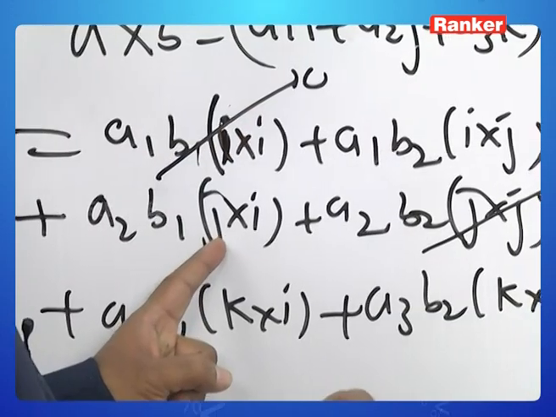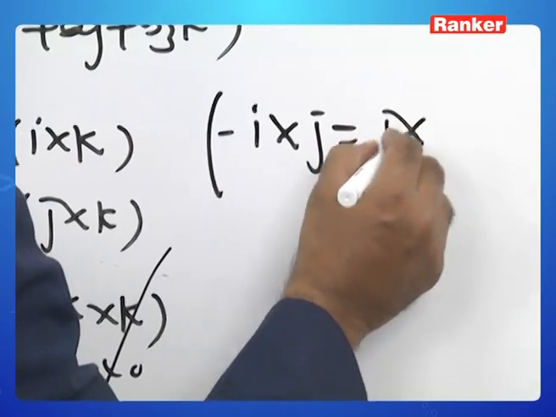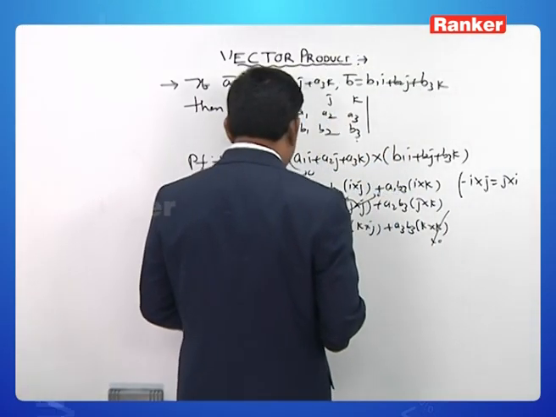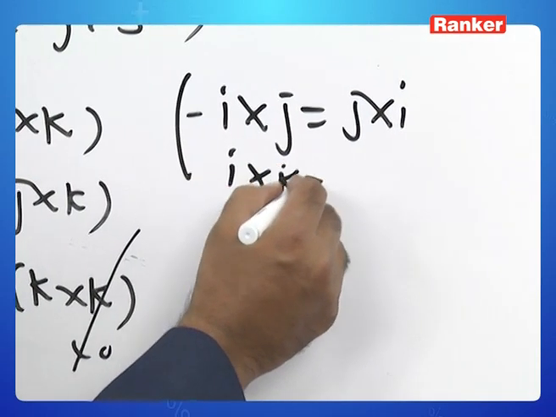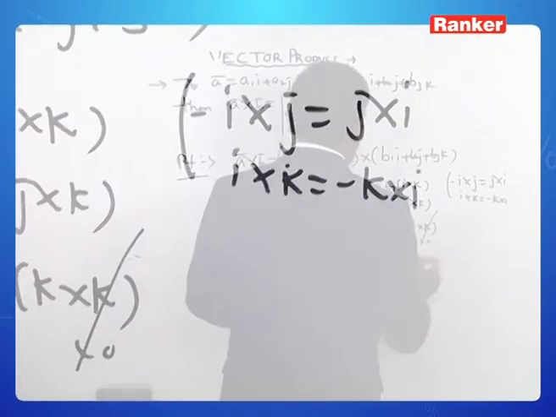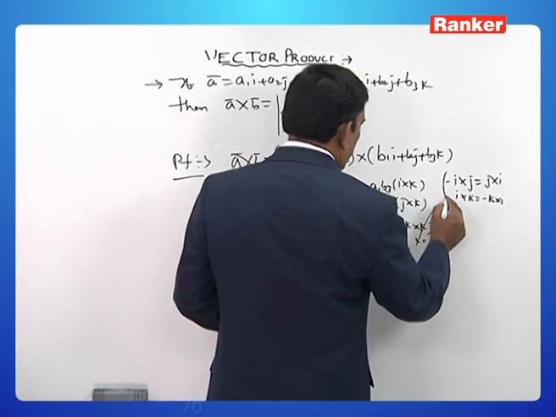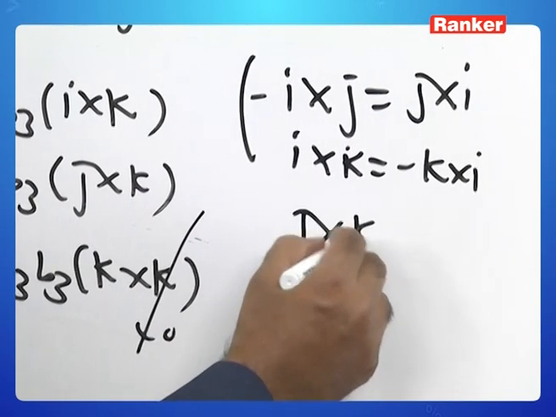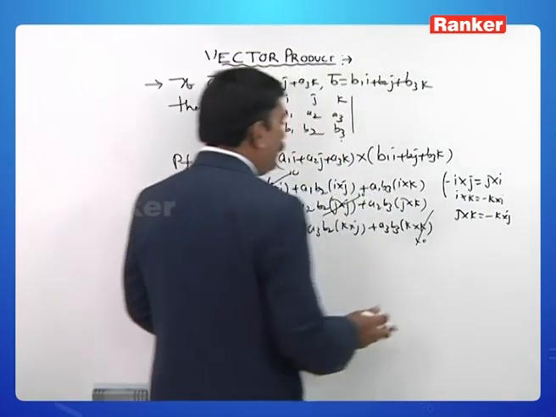You have to write minus I cross J. So therefore, minus I cross J is equal to J cross I. Next, I cross K is equal to minus K cross I. Next, J cross K is equal to minus K cross J. So now you write it.